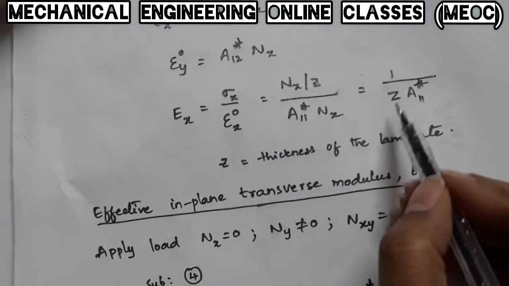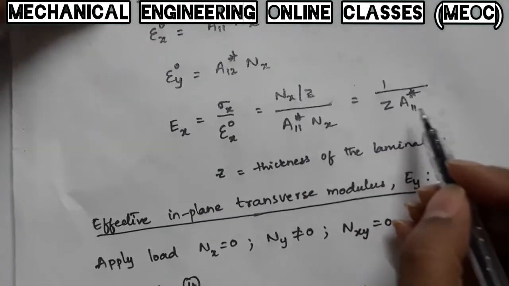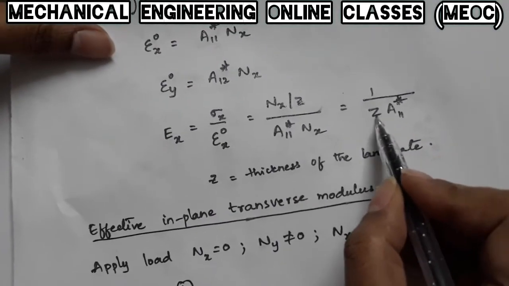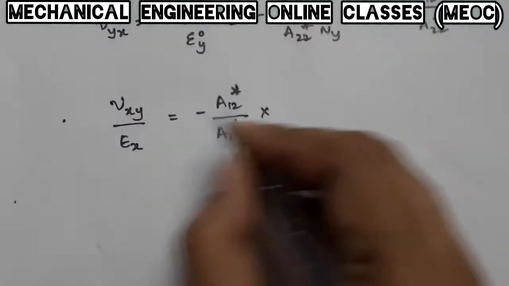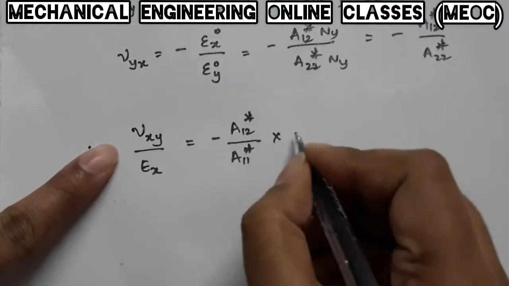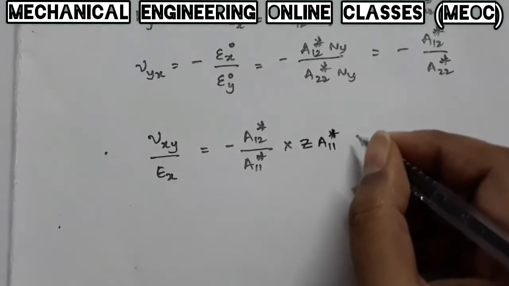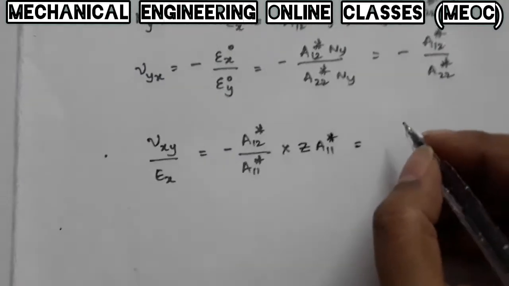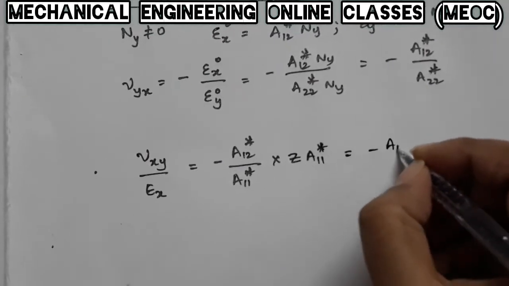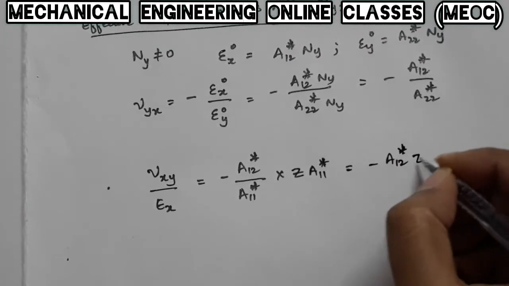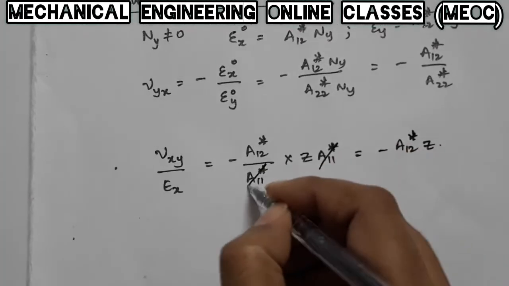Ex we have already derived as 1 by z into A11 star. So 1 by Ex will be z into A11 star. So when I further simplify this, it will be minus A12 star into z, because these two terms get cancelled out.